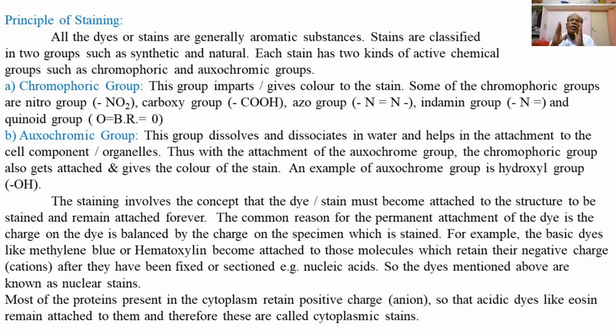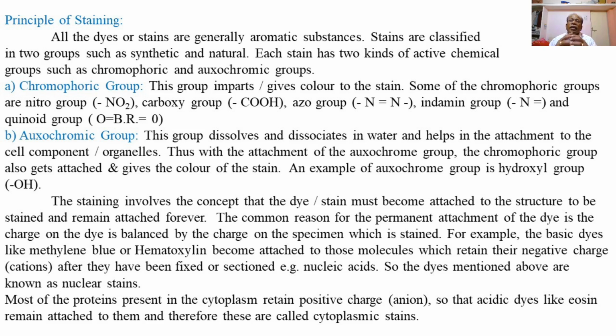So cytoplasmic stains or the acidic stains, having a negative charge, such as eosin, can bind with the proteins of the cytoplasm having a positive charge.